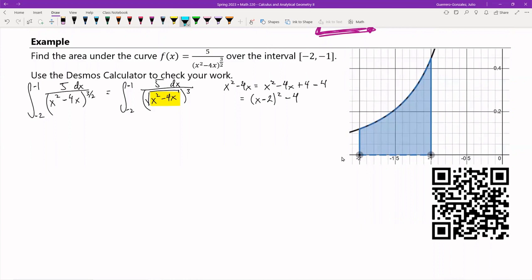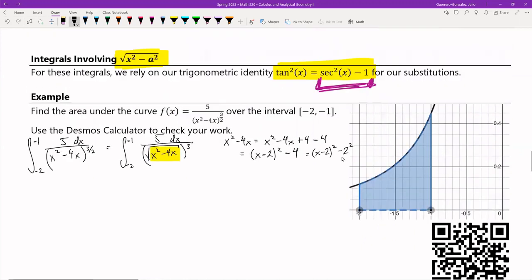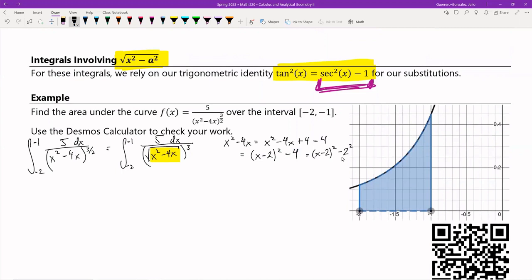This blue portion is the x minus 2 squared, and minus 4 is minus 4. It's very innocent looking, but it's going to help us. And all of this is now equal to x minus 2 squared minus 2 squared. So now look at what I have: an x squared minus something squared.